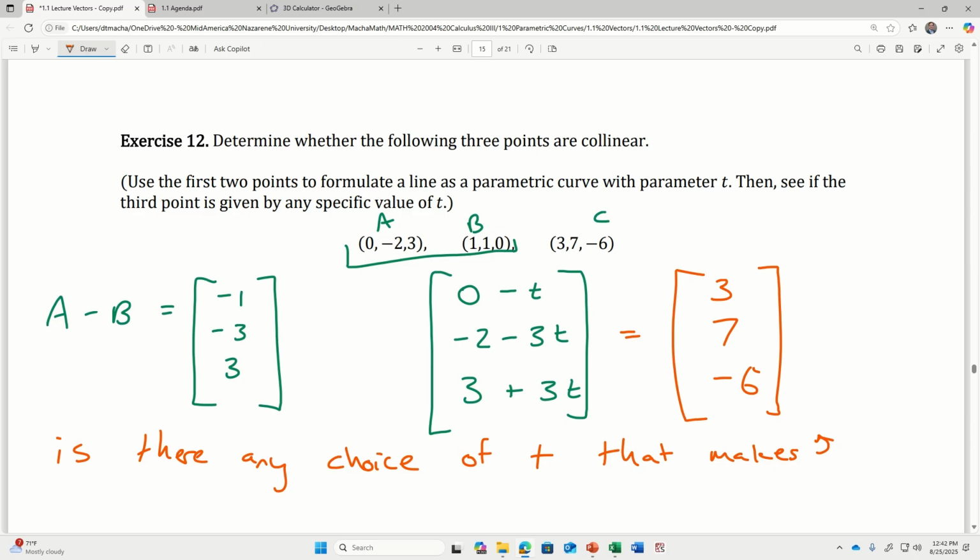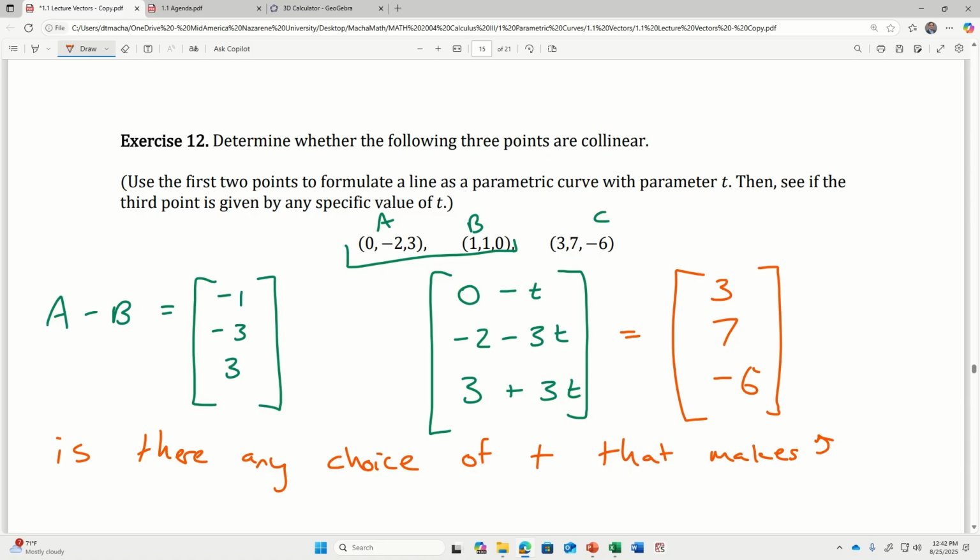Okay, so let's think about it. If 0 minus t is equal to 3, then t is negative 3. Okay, so now let's assume t is negative 3. Negative 2 minus 3 times negative 3 is negative 2 minus negative 9. That's negative 2 plus 9. Is that 7? Cool. So it works out so far.